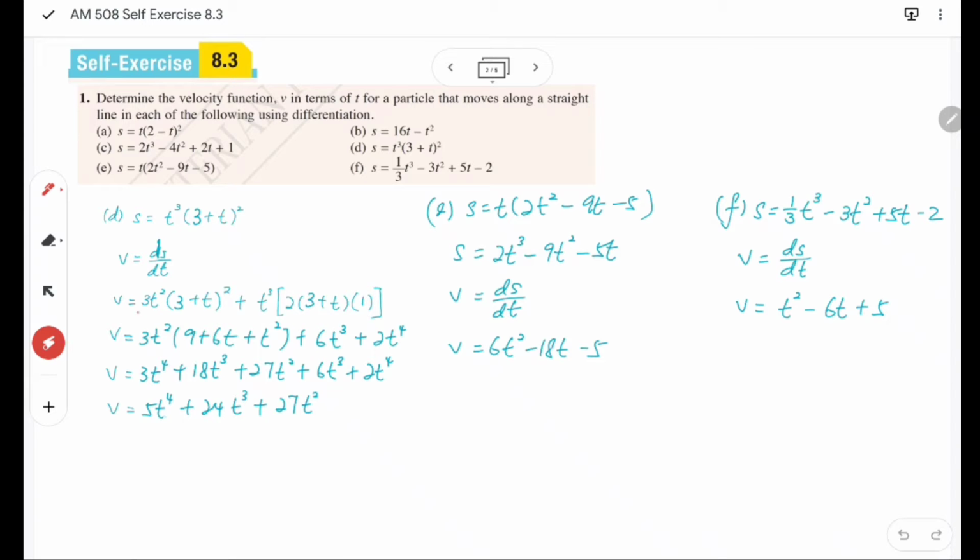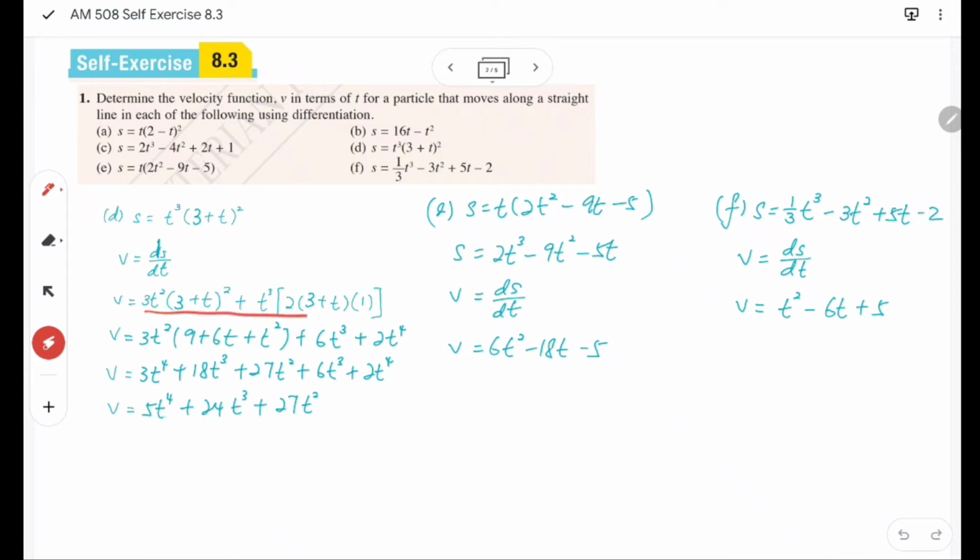First, du/dt: I differentiate the t cubed to become 3t squared, times the (3 plus t) completely squared, plus the t cubed remains, times the differentiation of (3 plus t) completely squared, which becomes 2(3 plus t) to the power 1. And don't forget the 1, because in front of t the coefficient is 1.